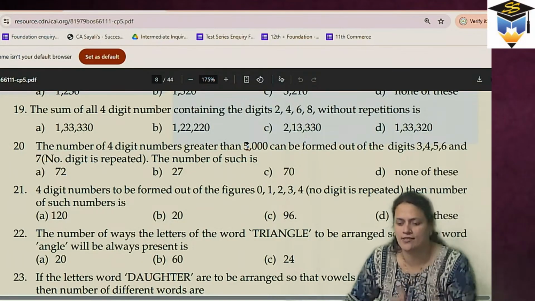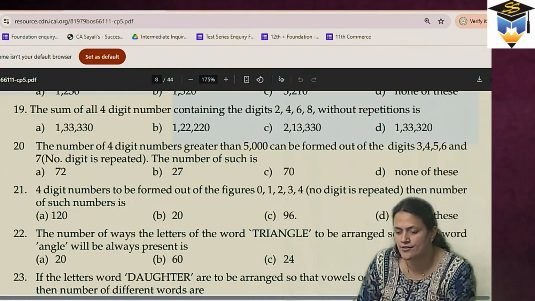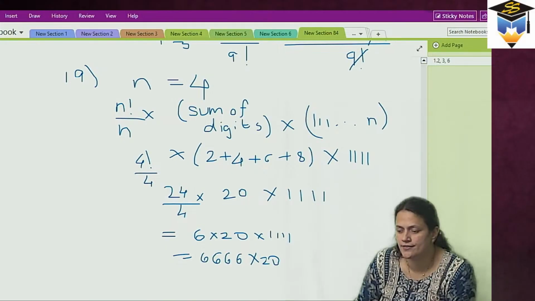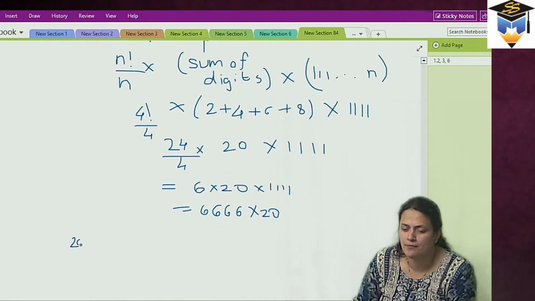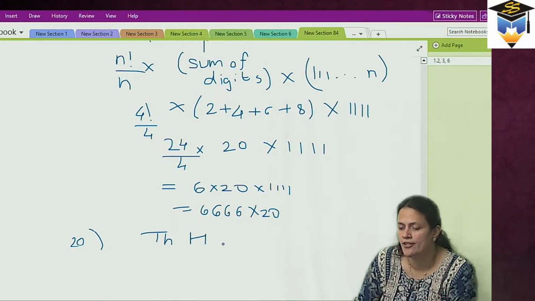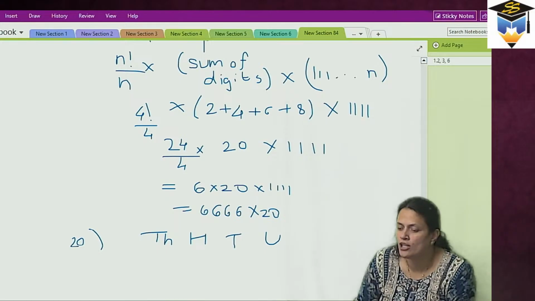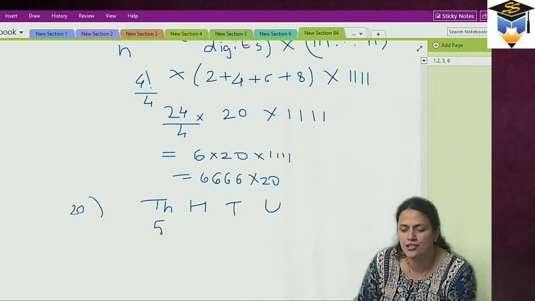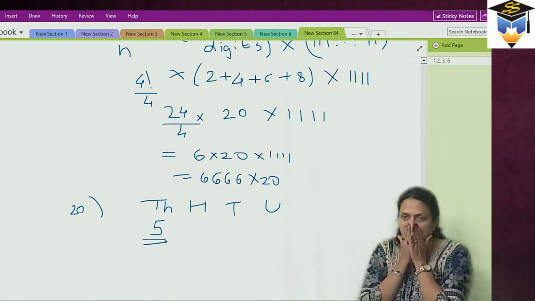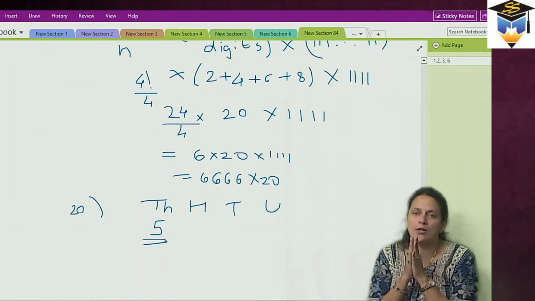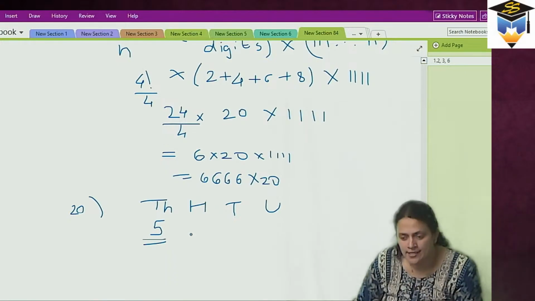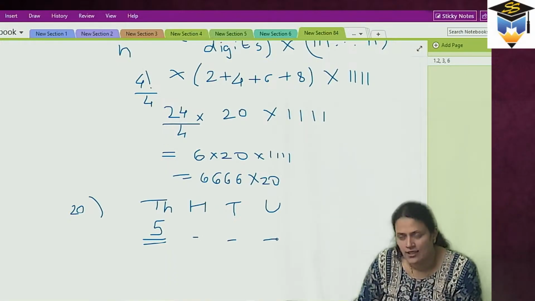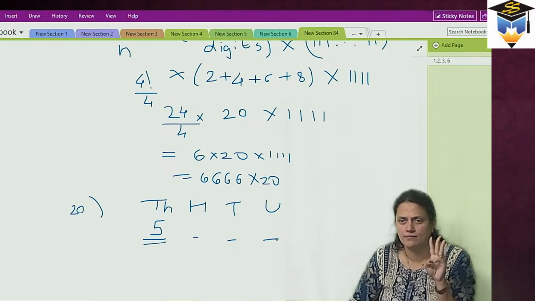5 is fixed. Okay, you are not understanding this. Okay. It is a 4-digit number, correct? Thousands, hundreds, tens, units. We want all the 4-digit numbers to be greater than 5000. That means this digit is fixed. 5 is fixed in thousands place. So the rest can be arranged in 3 ways.